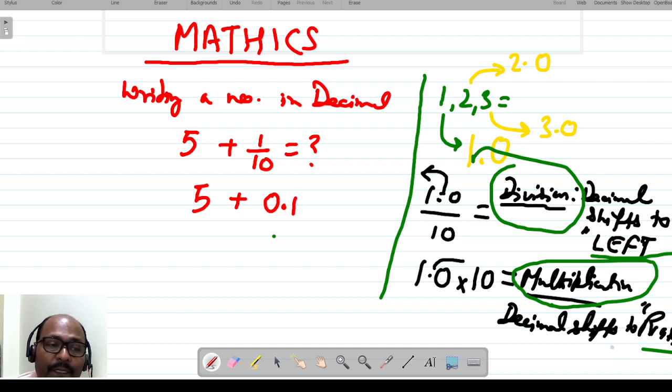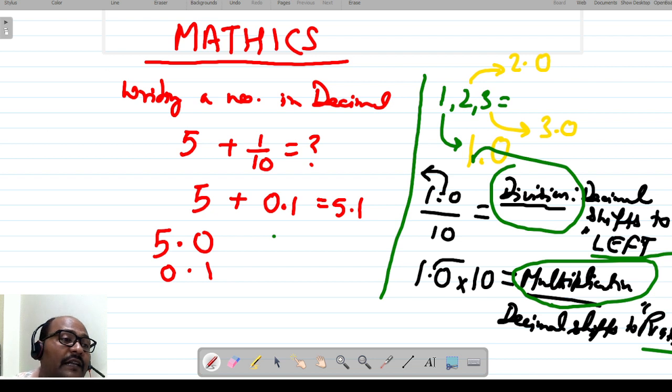Suppose we take 5 plus 0.1. What will be the answer? That will be 5.1. How did it happen? Let me show you. 5 can be written as 5.0 and 0.1 is written as 0.1.